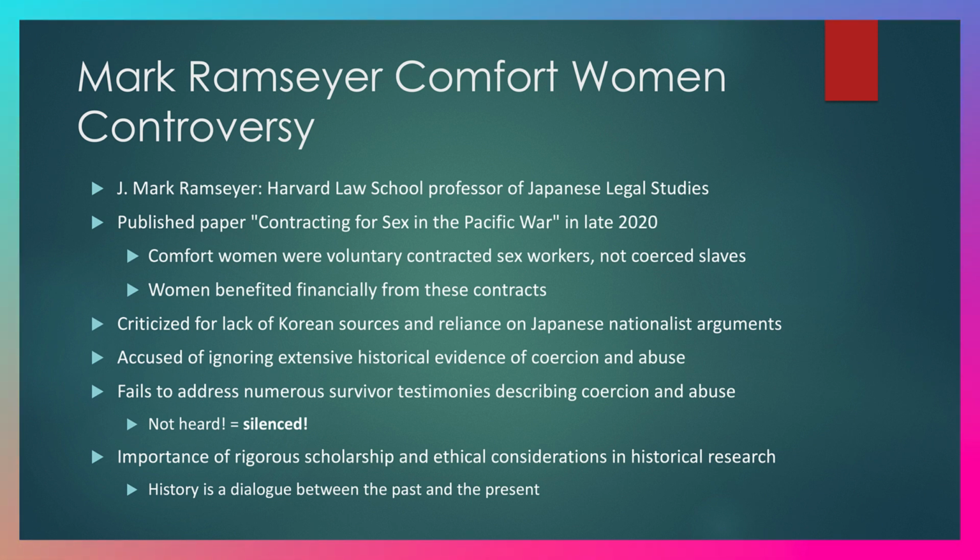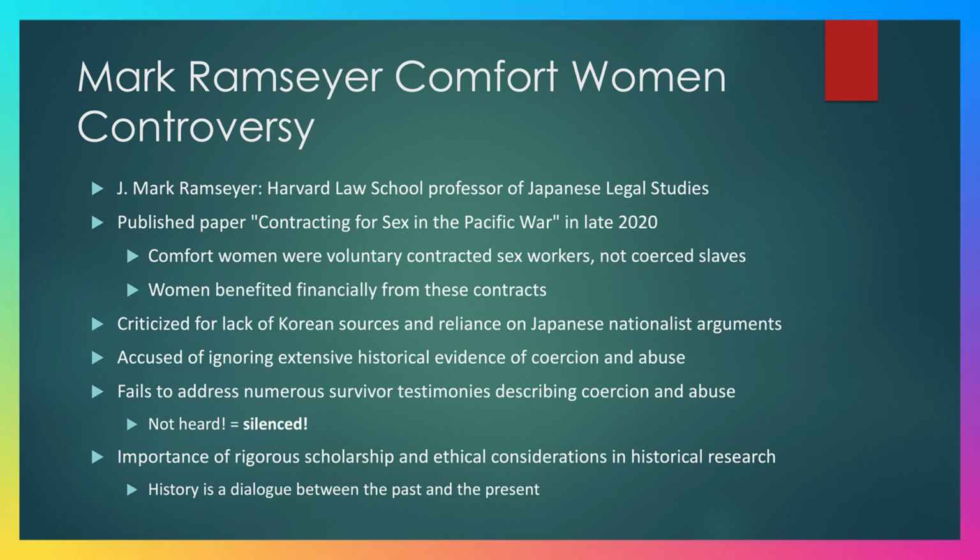So they had to hide their past in pain. But they finally spoke up. Some of them finally spoke up, but people like Mark Ramseyer will not listen to them. They ignore what they say. So this kind of people with this kind of argument keep these women silenced, force them to still be silenced.